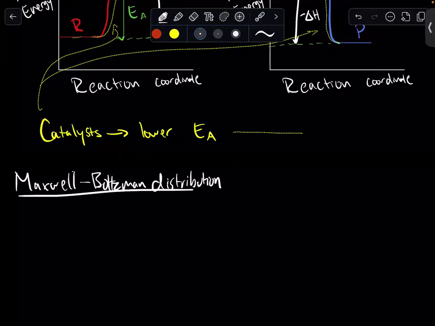So this allows us to actually start looking at almost individual particles in a reaction. What a Maxwell-Boltzmann distribution does is it's based on temperature.